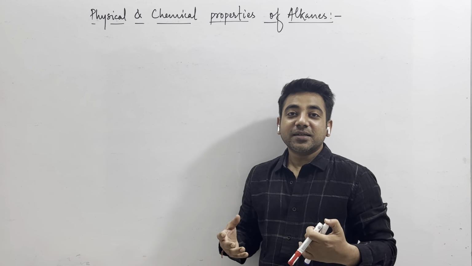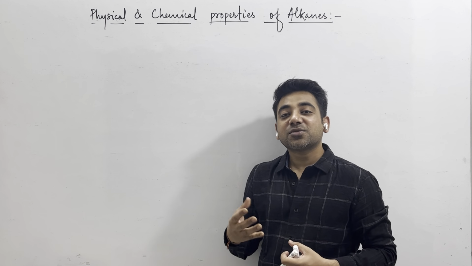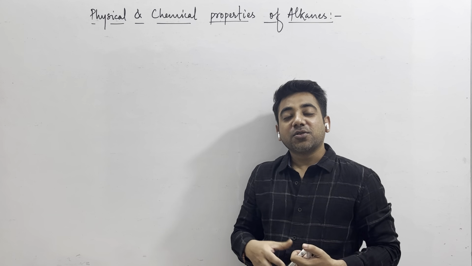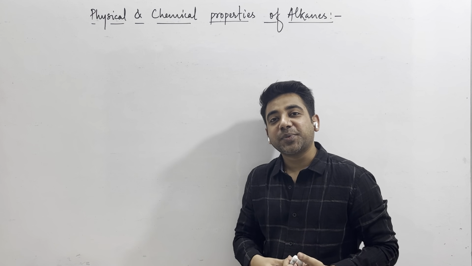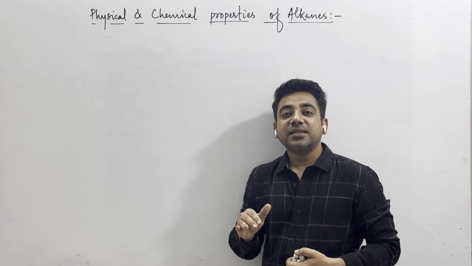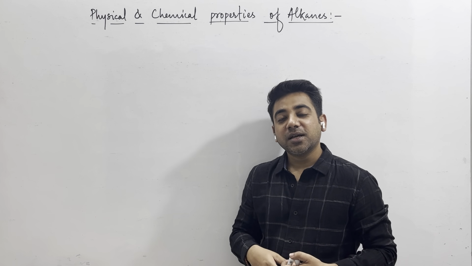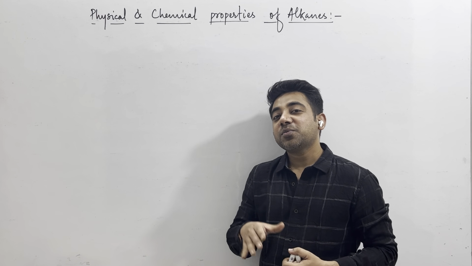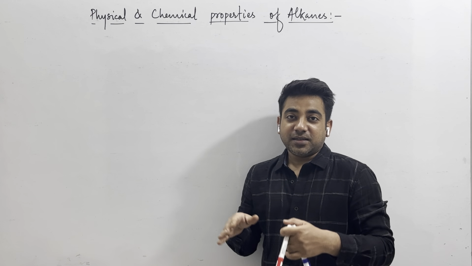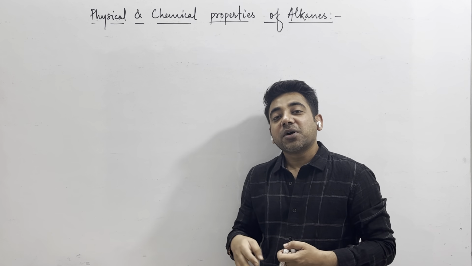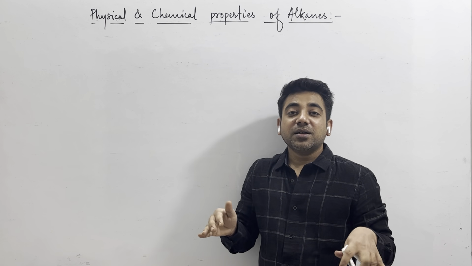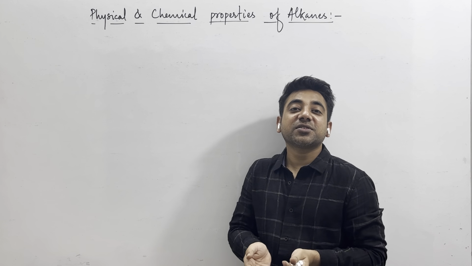Suppose we take isomeric alkanes, for example, the isomers of pentane: normal pentane, isopentane, and neopentane. What actually happens here is that with increase in branching, you will find that the boiling point decreases. The reason behind this decrease in the boiling point is that with increase in branching, the molecule takes the shape of a sphere.